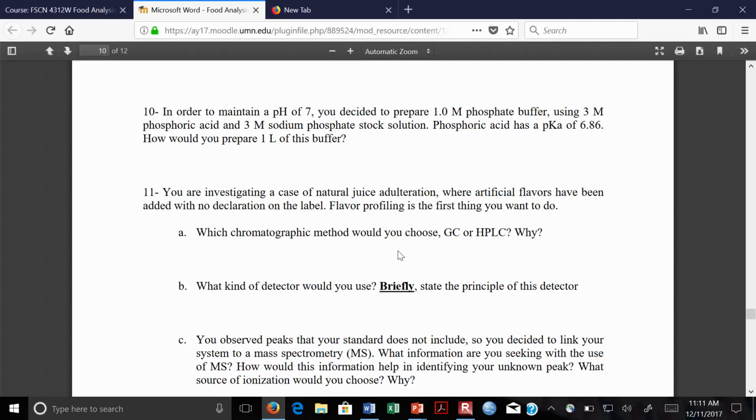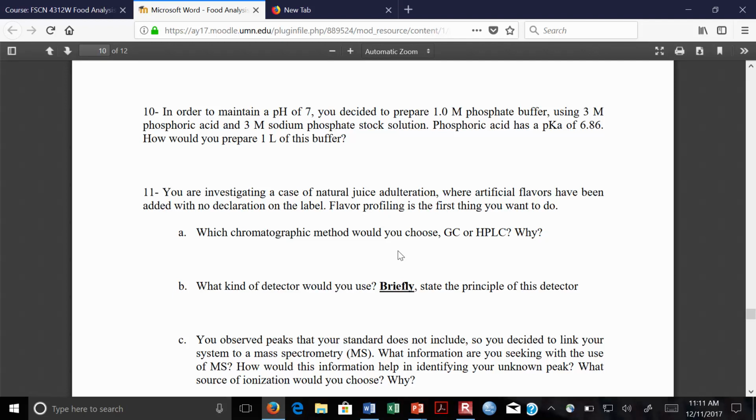Then I apply the Henderson-Hasselbalch equation, which is pH equals pKa plus log of the concentration of conjugate base over concentration of your acid, the non-conjugate, the associated acid that has the H.